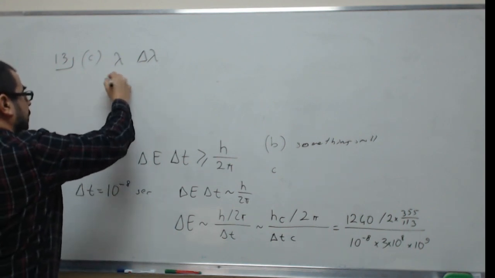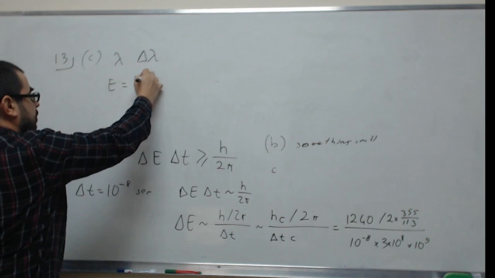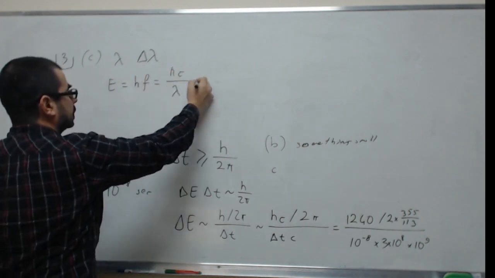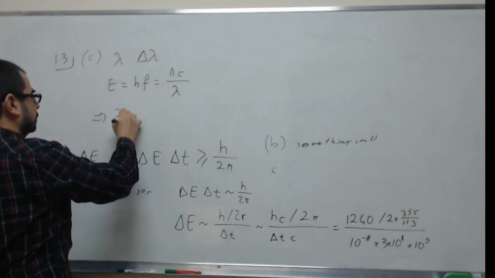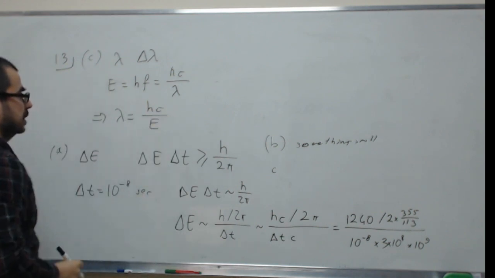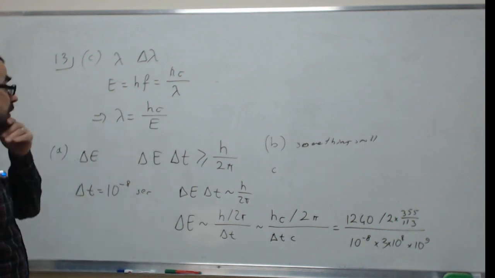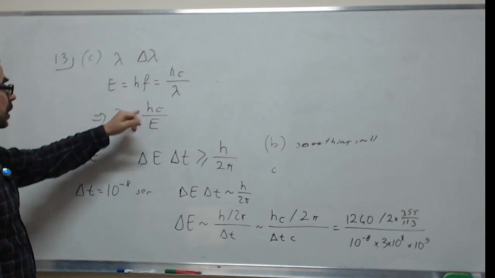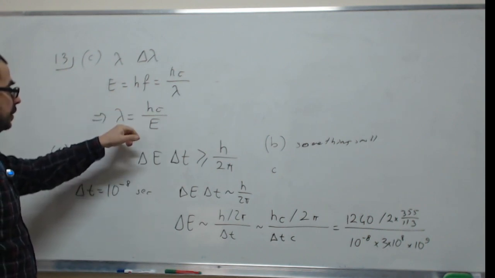Energy is h times f, so this is h times c over lambda, therefore your lambda is going to be hc over E, right? This is easy enough. If you calculate your energy in electron volts, which we did, it was 3/4 times 13.6 electron volts. You can calculate this in nanometers very easily, right?